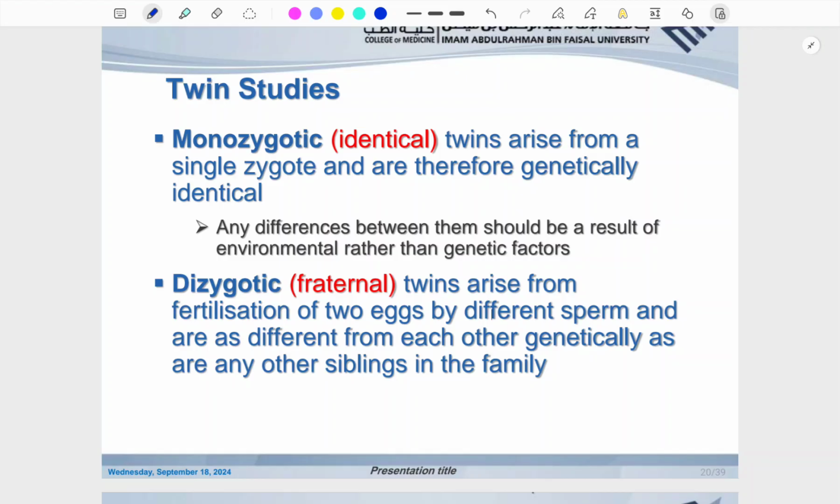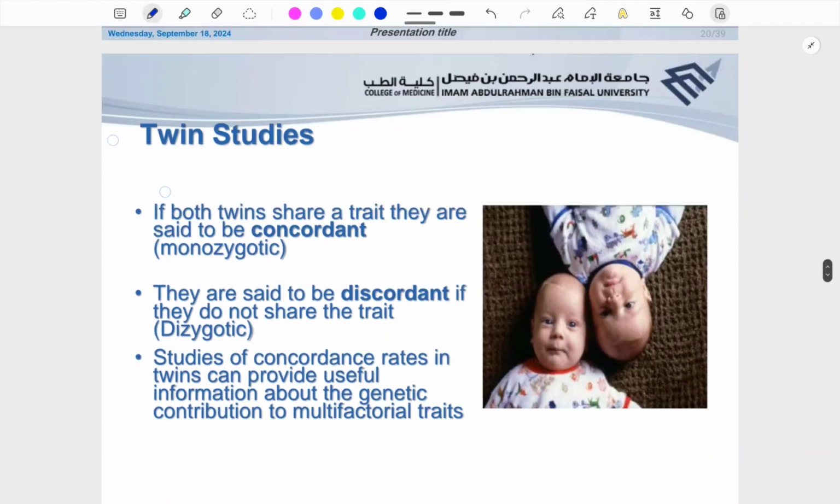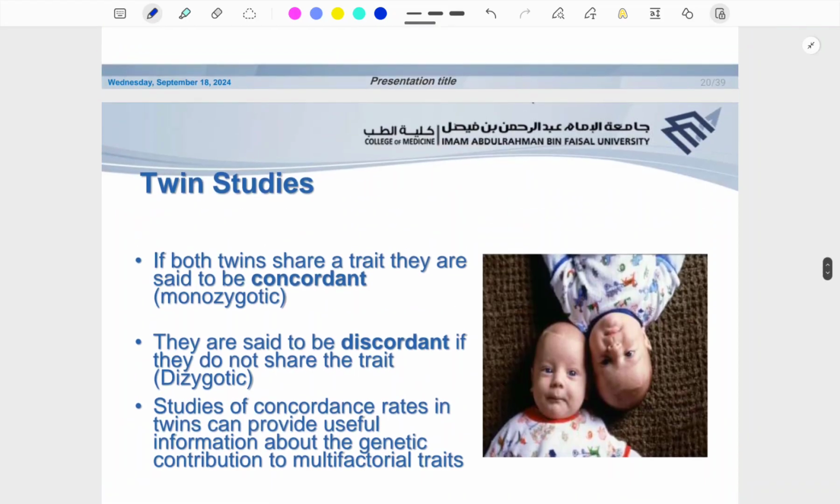So that's why a lot of twin studies gave us this explanation of what's happening with people. Dizygotic twins arise from fertilization of two eggs by two different sperms, so they are different from each other genetically, like any other sibling in the family, and different from all other families.